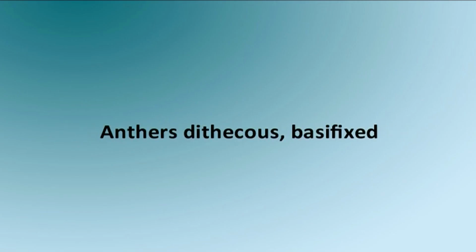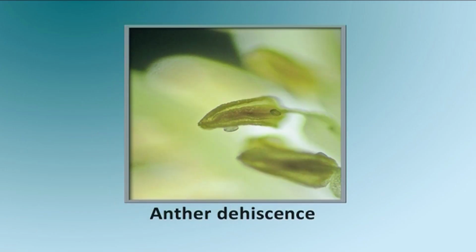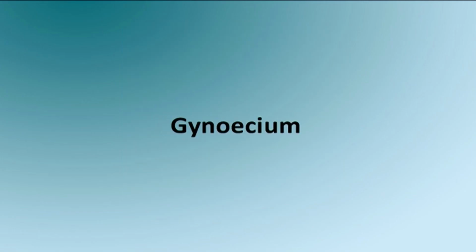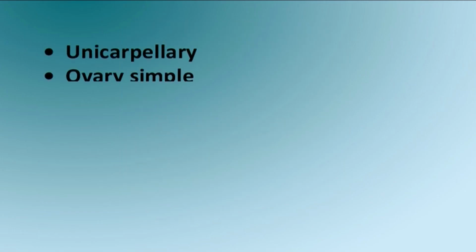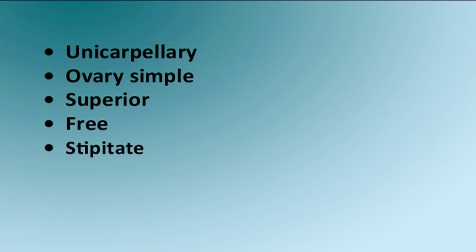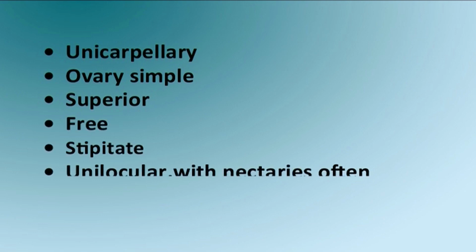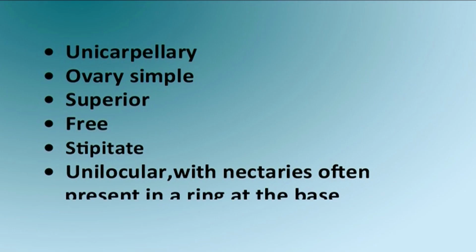Anthers are dithecous, basifixed, dehiscence longitudinal, rarely poricidal. Gynoecium: it's unicarpellary, ovary simple, superior, free, stipitate, unilocular, with nectaries often present in a ring at the base.